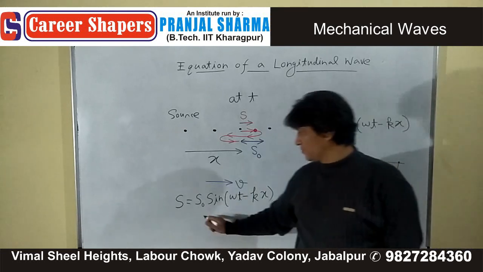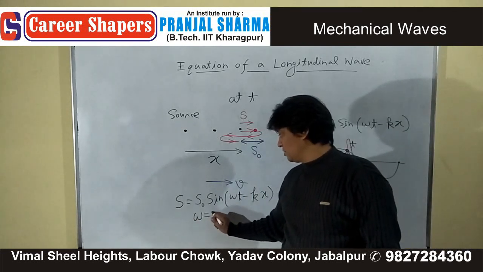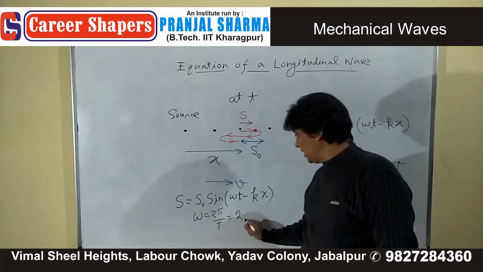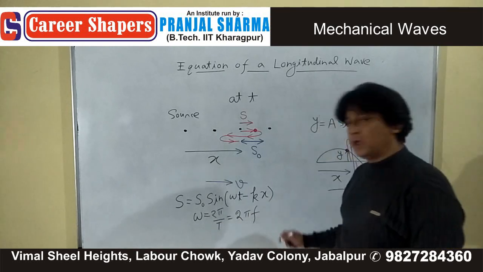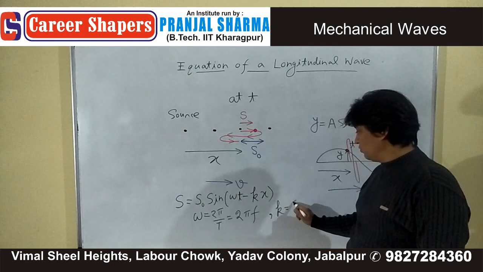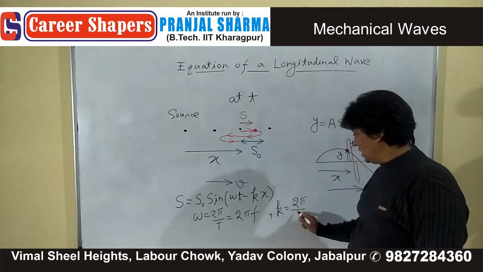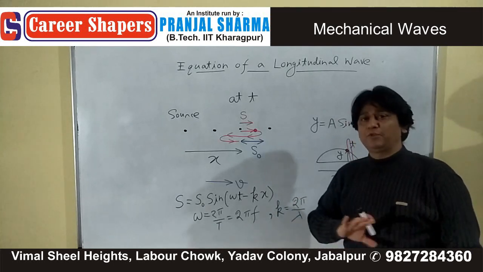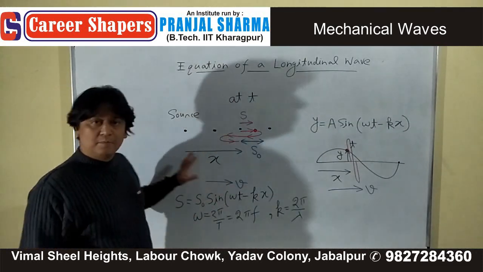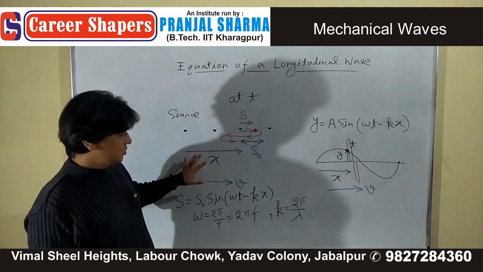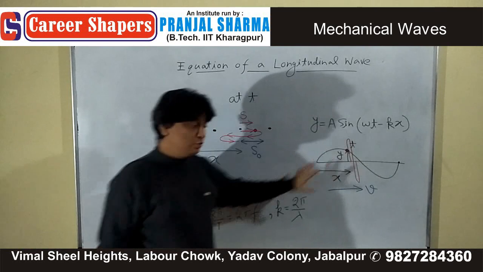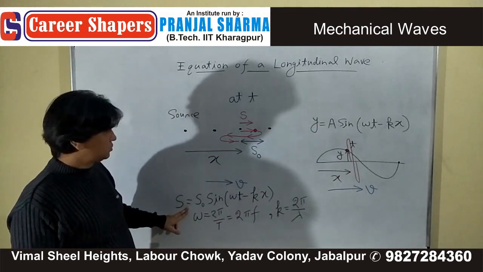Everything is the same. What is omega? Omega is 2π upon T, which is also 2πf. k is the angular wave number, which is 2π upon lambda. Everything is the same as we have done in transverse. The same steps we used to develop that can be used for this equation also.